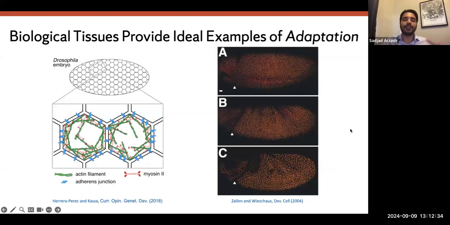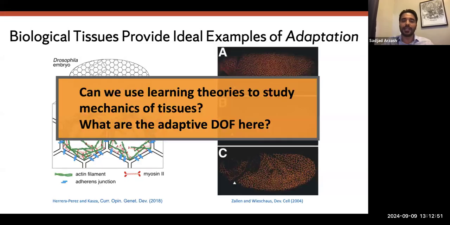So the idea is that since we have this setup already, these cells are actually tuning these properties already, and we know the macroscopic effects as we just look at these tissues. Can we understand this, and can we use these learning theories that people have used in AI, as well as in synthetic materials, synthetic training of these materials?